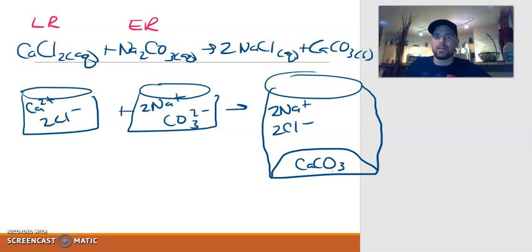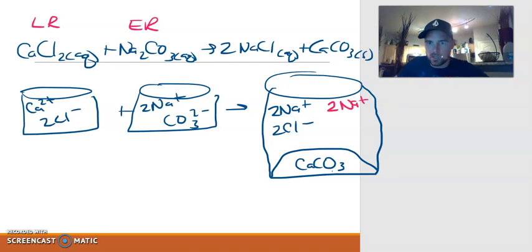But we know in reality there was an excess reactant, right? There was something left over. This sodium carbonate was the excess reactant. And so I need to also represent that in the final beaker. So in addition to product 1 and product 2, you also have a little bit of excess reactant. And I'm going to draw it in a different color just so you can see.